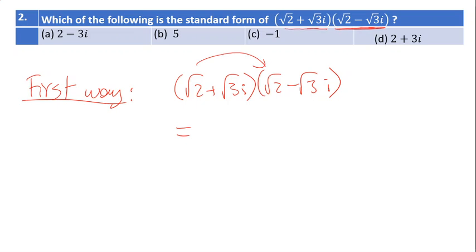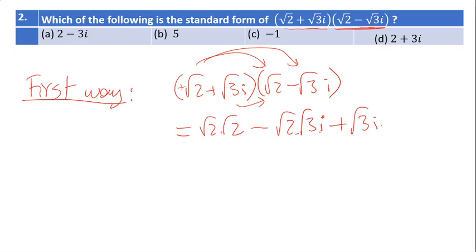Square root 2 times square root 2, and then square root 2 times this, so we have plus here. When you multiply, you get minus square root 2 times square root 3i. Just write them as multiplication, and these two will make square root 3i times square root 2, and then this will make minus square root 3i times square root 3i.